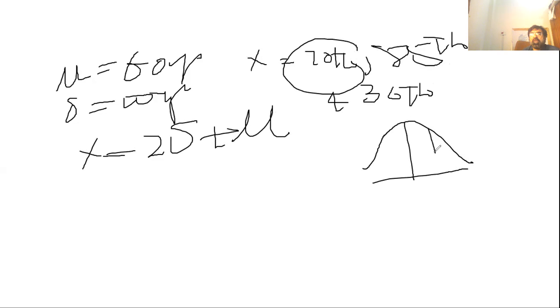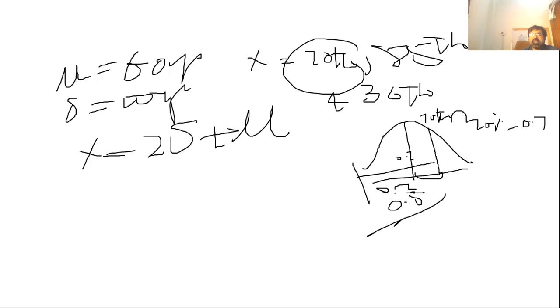On 70th percentile, it will fall over here. What you have to do, you have to convert it into percentage, 70%, and then divide it by 100, which becomes 0.7. So the area from here to here is 0.7, and we need this one area. So we have to subtract 0.5 from 0.7, that becomes 0.2000.